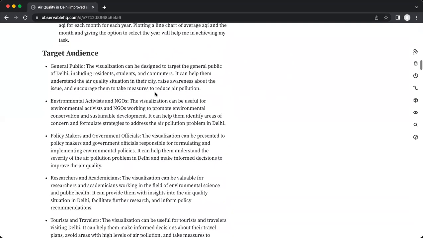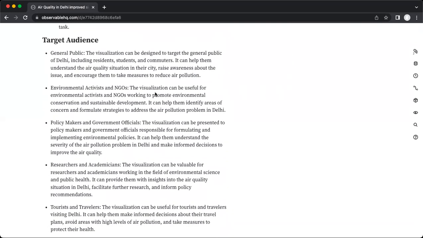The target audience for this visualization could be the general public, the students, commuters, or the residents of Delhi who want to look at it for their awareness. Second could be environmental activists and NGOs, who can take actions and formulate strategies. Third could be policymakers and government officials, because they can form strategies to handle the air pollution.